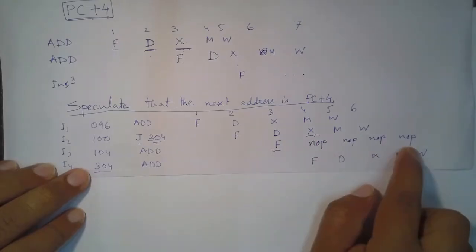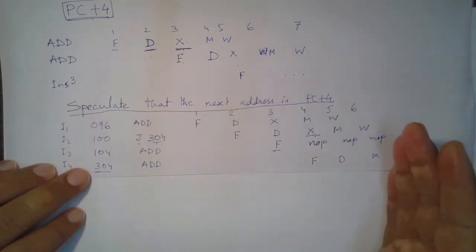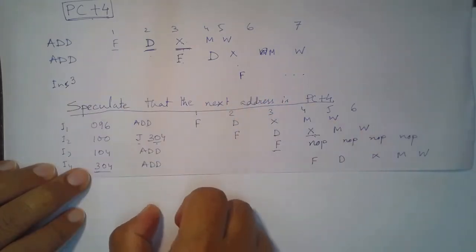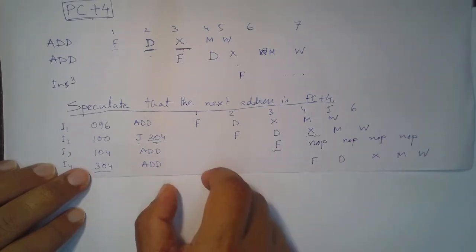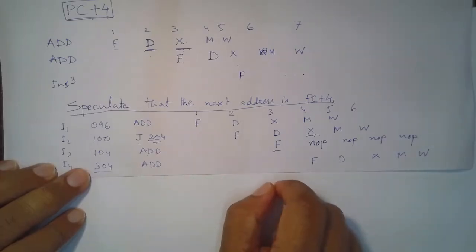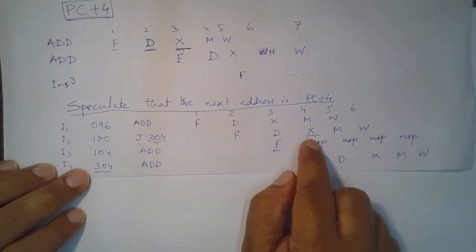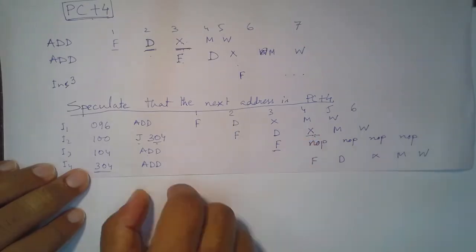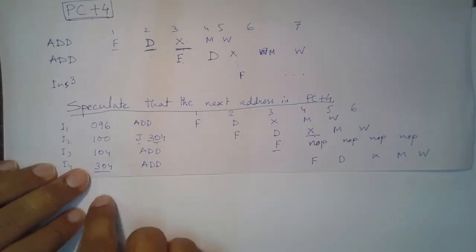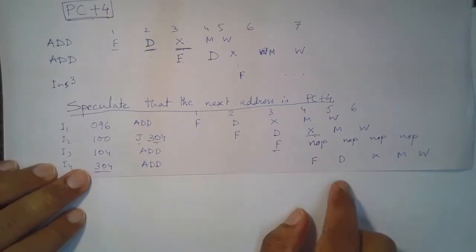The other approach is that whenever the instruction moves from one stage to another, you pass it through a multiplexer, and one of the inputs to that multiplexer is a no op, and the select line of that multiplexer is triggered by the branch instruction. So whenever there is a branch, whatever you have speculatively brought in, you replace the instruction with a no op, and that is how you kill that instruction.